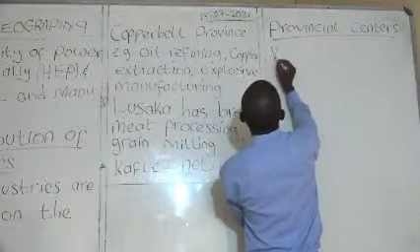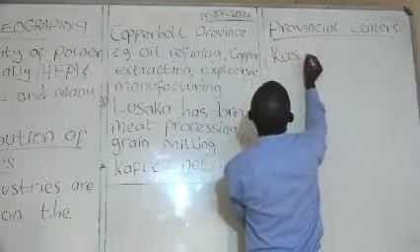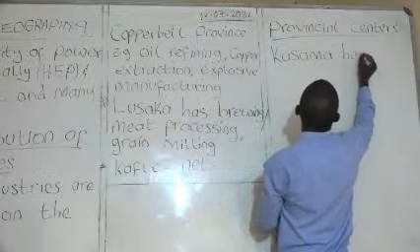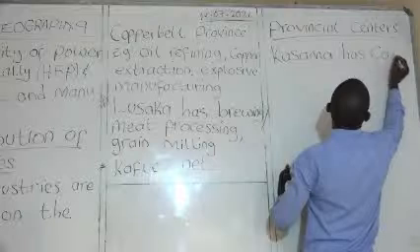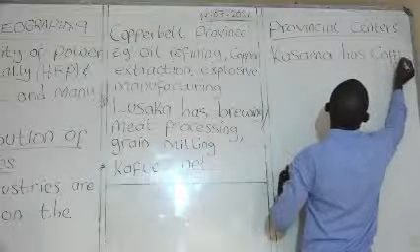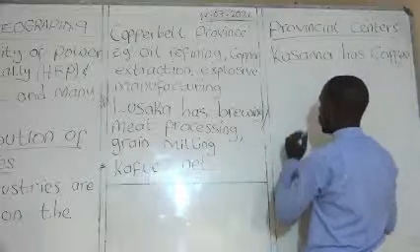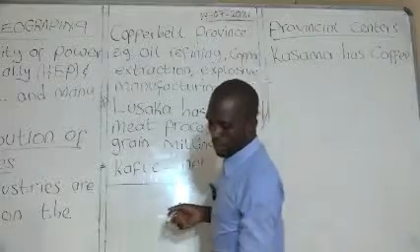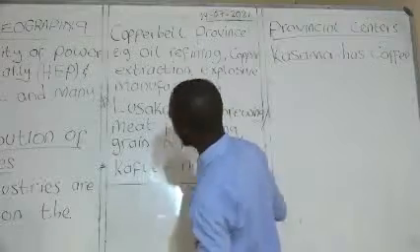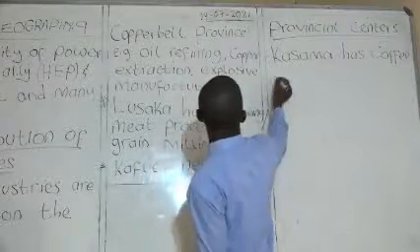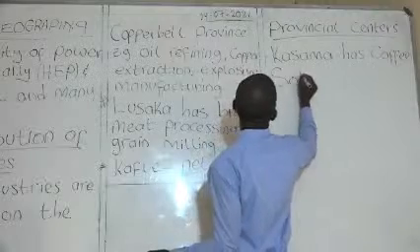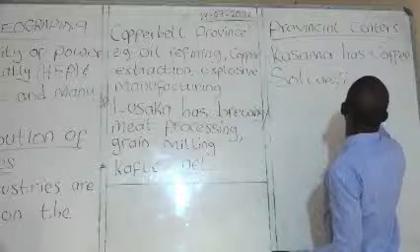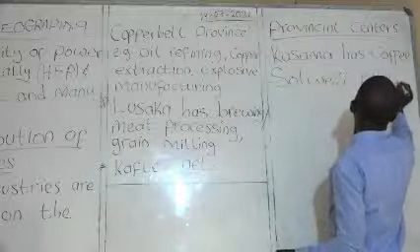Kasama has coffee. There is Isoka and Kateshi, coffee plantations. Then Solwezi has milling. Solwezi, there is milling.